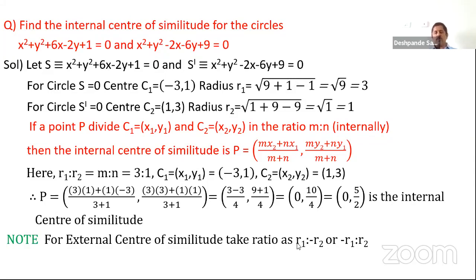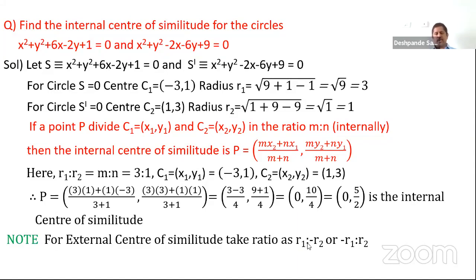Or else, if you don't want to change the sign, you have to put a minus sign between them. So the formula is going to be (mx2 minus nx1) by (m minus n). Same is the case with y here. So you got two choices. Either you can put a negative sign here, or you just change the sign of one of the radii.